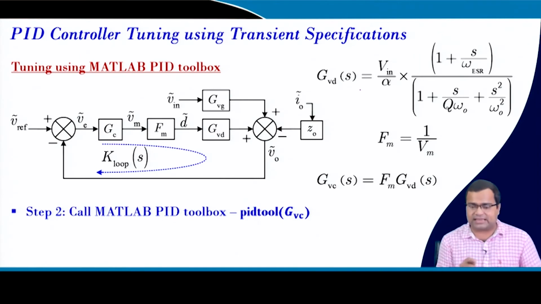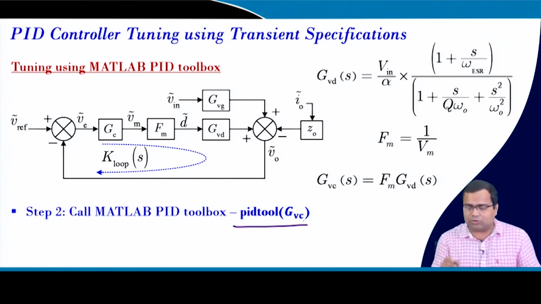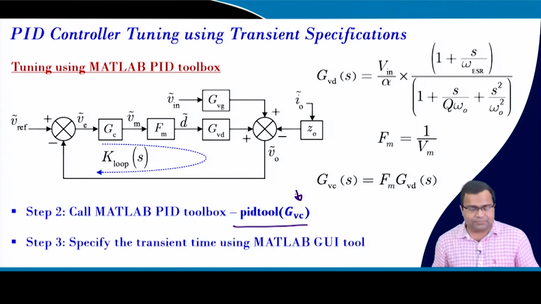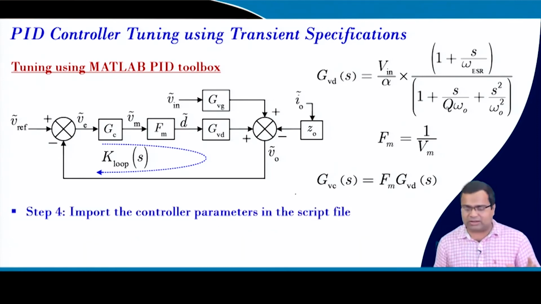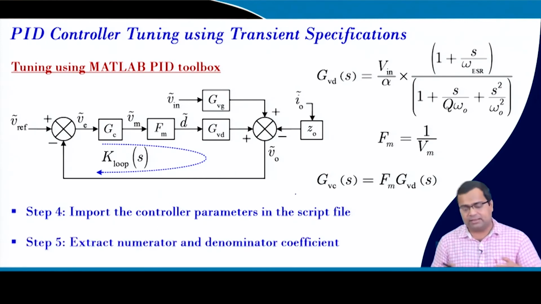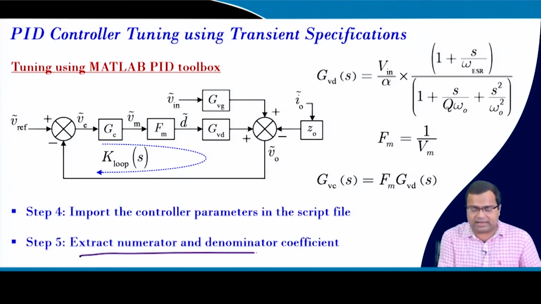So, I am just first giving the summary before we go back to the actual demonstration using MATLAB. You have to call this PID toolbox, and this transfer function is already defined. Then we need to specify the transient time using the MATLAB graphical interface tool, and then we have to import the controller parameters in the script file, then extract the numerator and denominator coefficients.